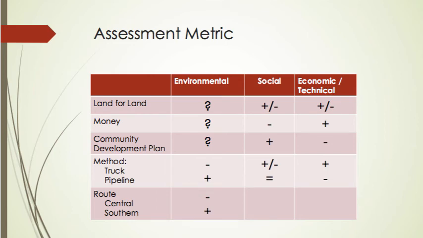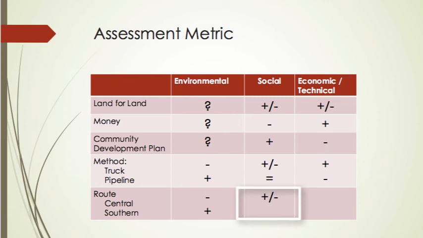How about social impacts? Or is that even relevant with the route? Let's think about that. The central route would have more social impacts because it goes through the national park, the main area. That may be more socially positive actually if it brings in more commerce, but it might be negative too because of the trade-offs. The southern route might be neutral in this case.